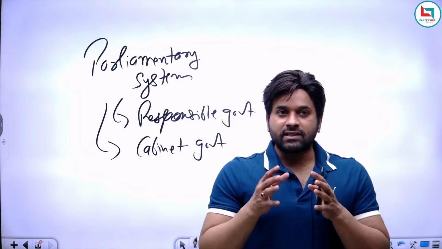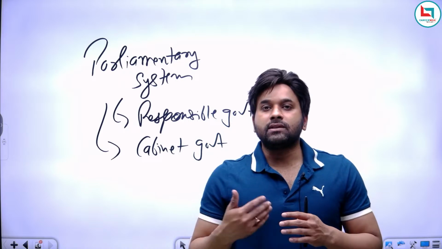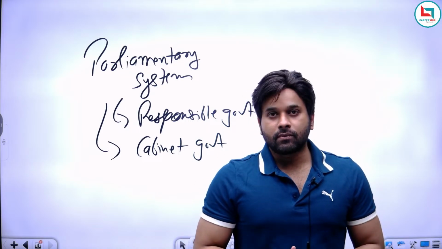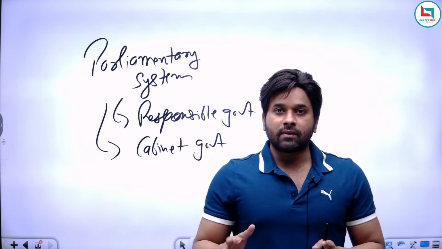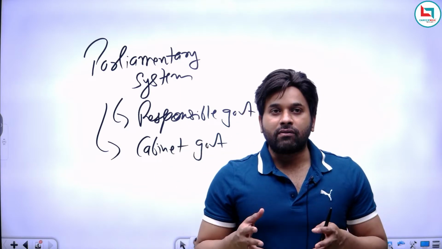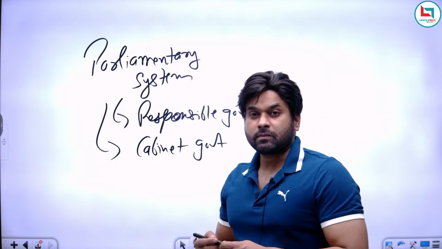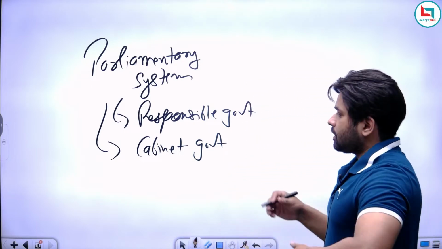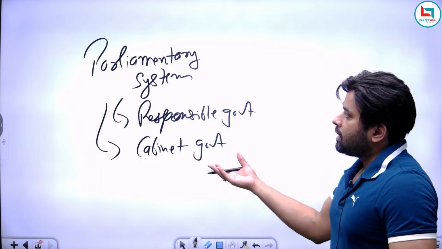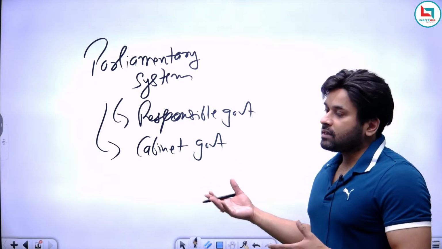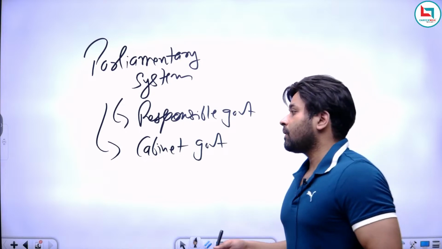So the power is vested in the cabinet. This is why the parliamentary system is called a cabinet government, because the power is with the cabinet ministers.